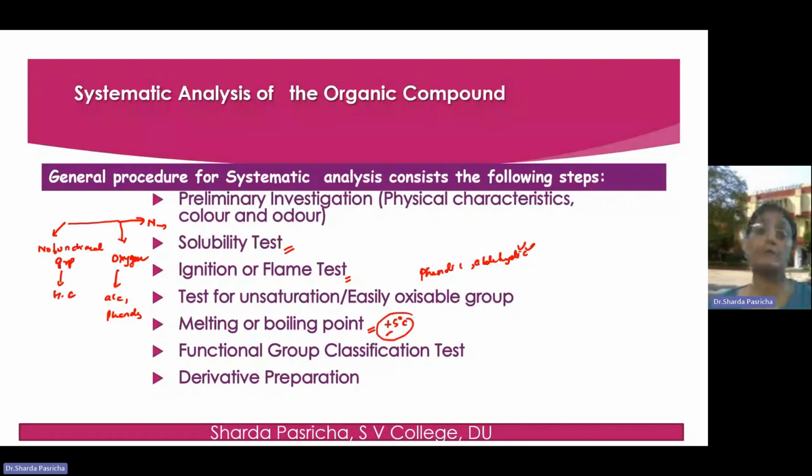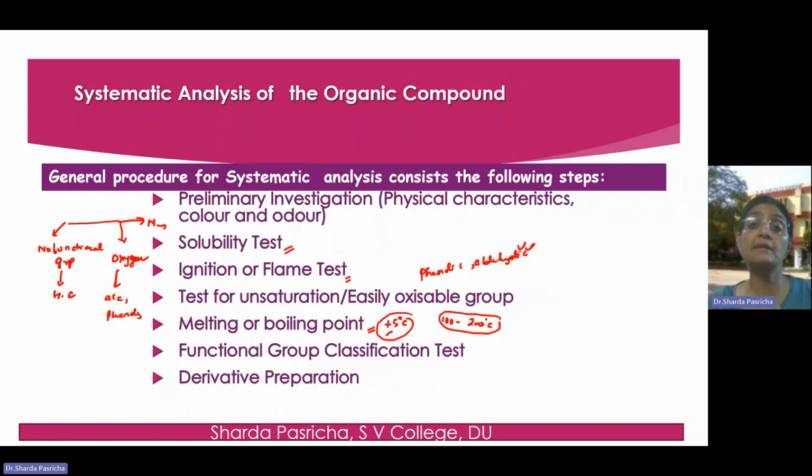Now, once you have this list of probable compounds with you, you can identify a common crystalline derivative for them, which has reasonable melting point, in the range of maybe 100 to 200 degrees centigrade.